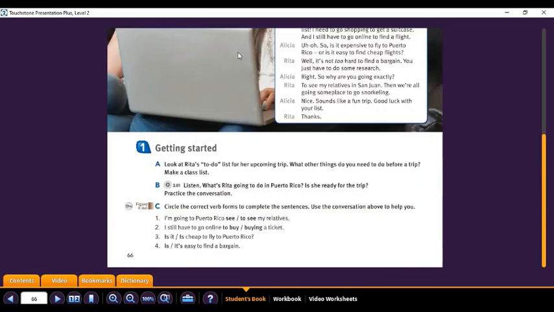I'm going to Puerto Rico to see my relatives. Yes, to see my relatives. Number two, I still have to go online to buy or buying a ticket? To buy. Okay, to buy.